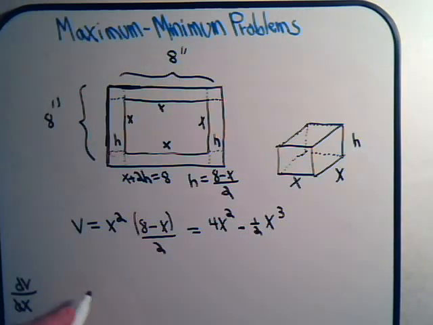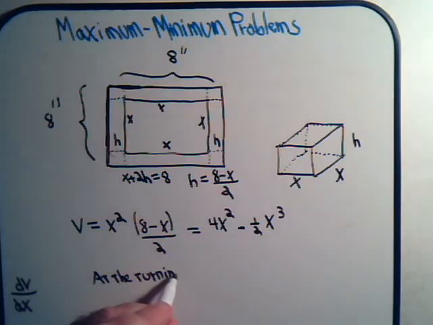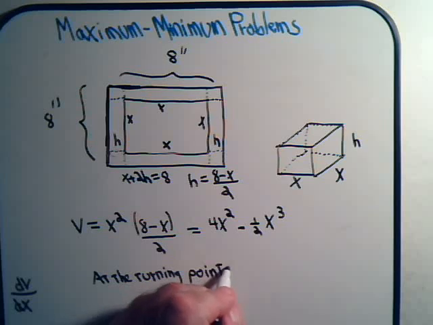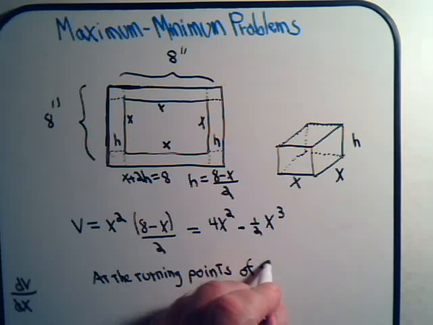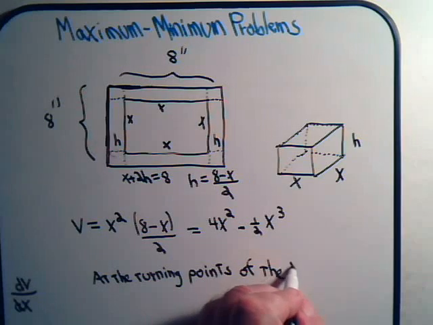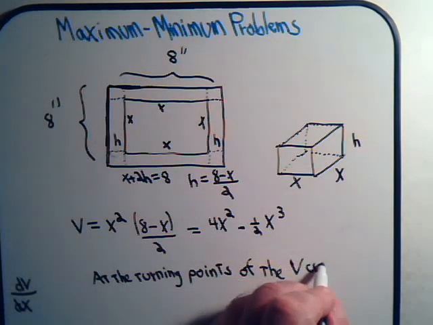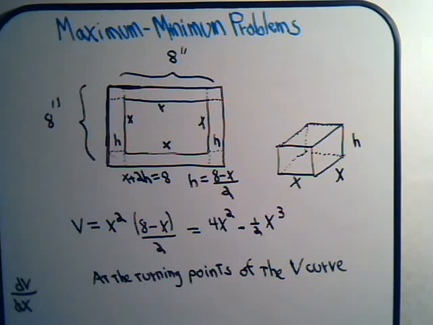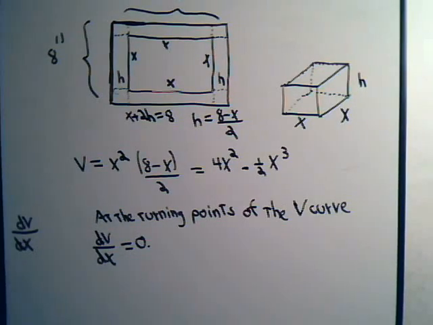And we know that at the turning points of the, and we'll just call it the V curve, at the turning points of this V curve, we know that dV/dx equals 0. So we should be able to find out what the turning points are without much problem.